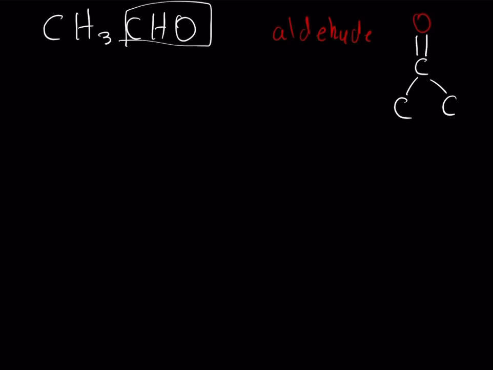In the case of an aldehyde, the carbon is going to be bonded to another carbon, but then the other carbon is going to be a hydrogen instead. So that's an aldehyde, and a ketone look like this. So the difference is here.